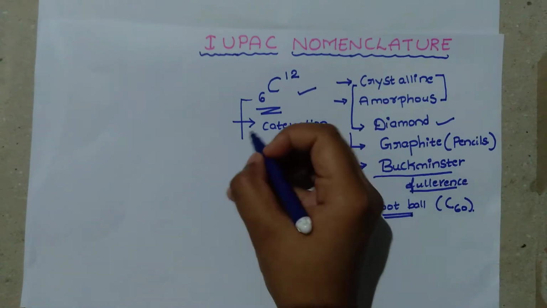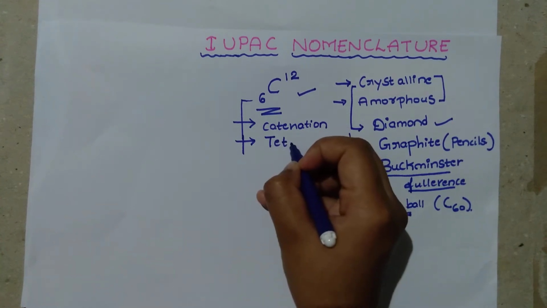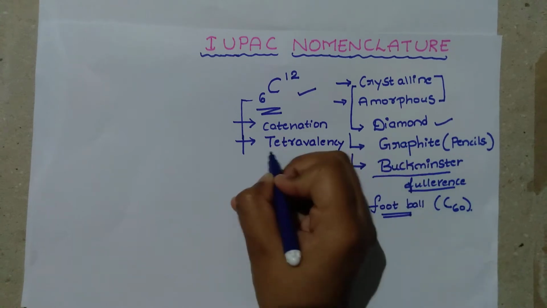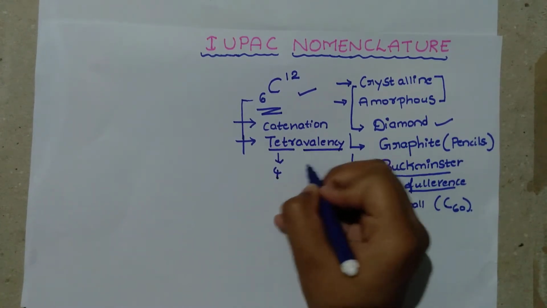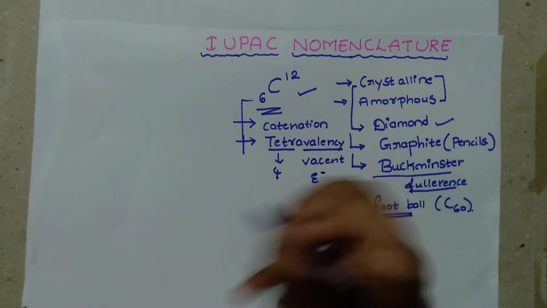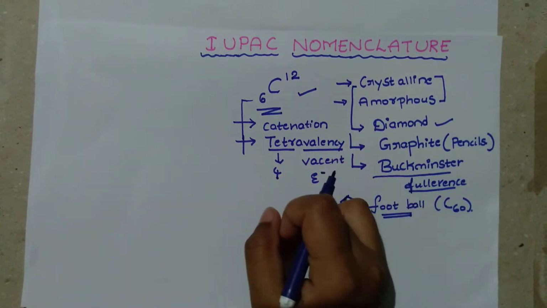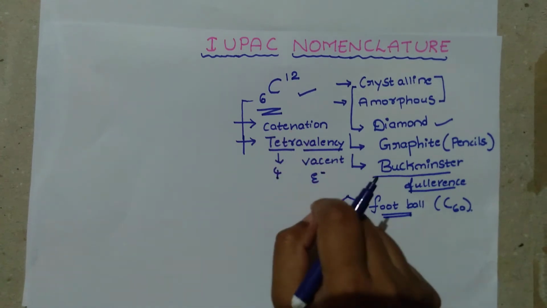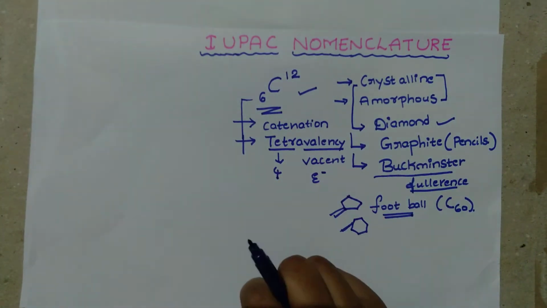Next, tetravalency. Tetra means 4, valency means vacant electrons. It means carbon has 4 vacant electrons.